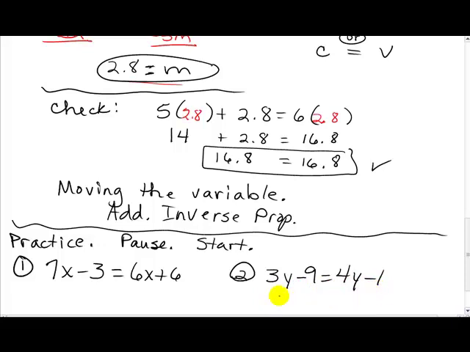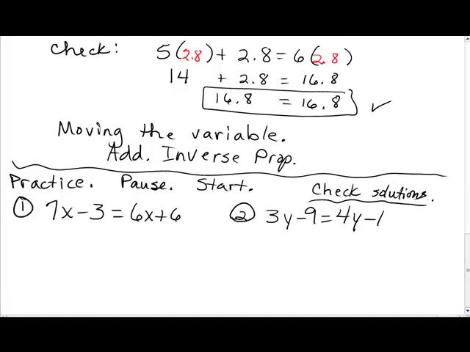I want you to go ahead and work it and check it. Check your solutions. All right, so go ahead and pause it. I'll keep working.